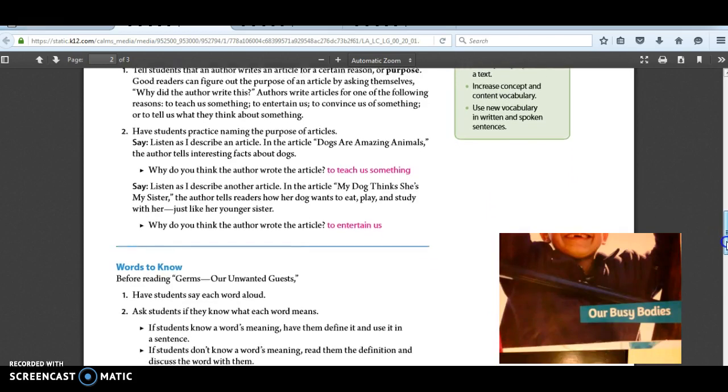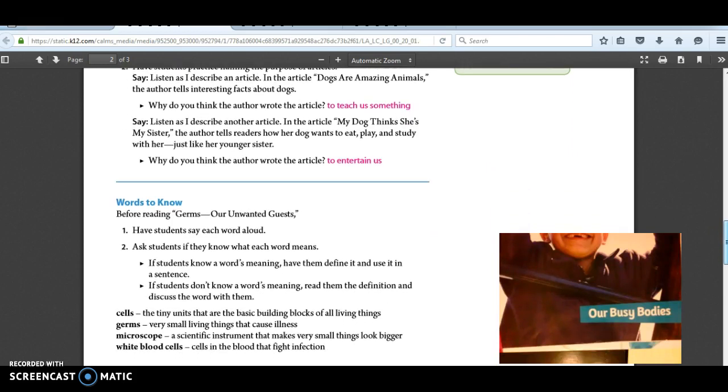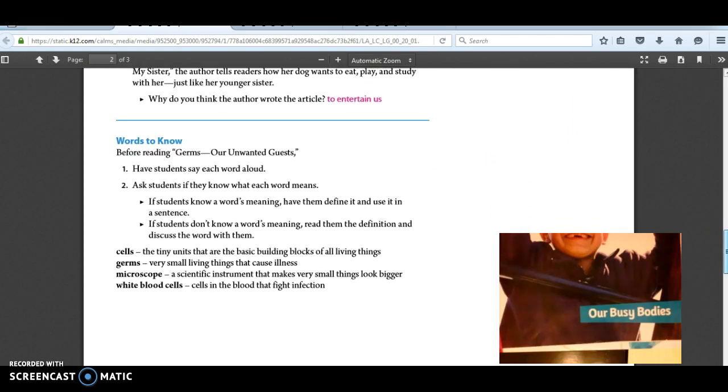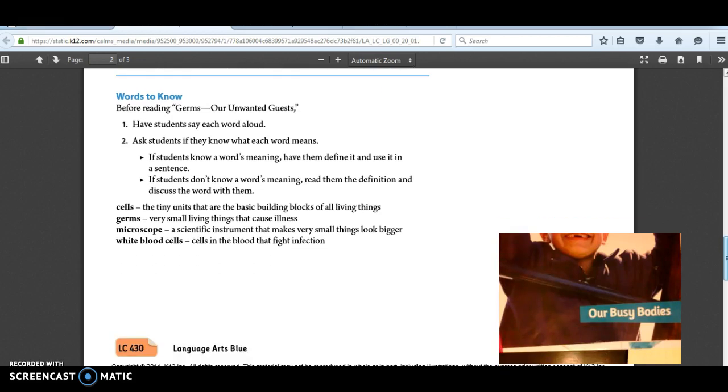Then the next activity that you're going to want to do with your student before we begin reading the article, you want to talk about the new words that they will see and hear in the article Germs, Our Unwanted Guests. You want your students to say the words aloud, and then you also want to talk about the meanings of these new words.